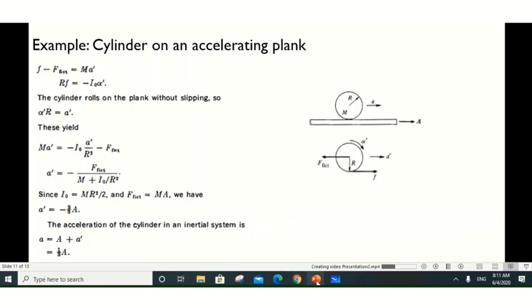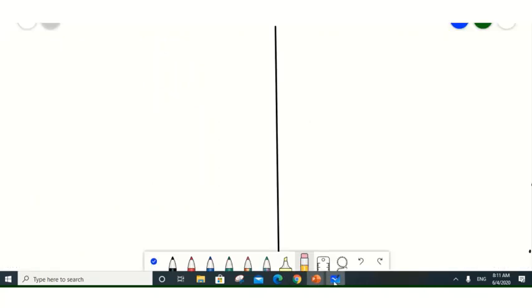So we have an equation like this: small a is equal to capital A, the acceleration of the plank, plus a dash, the acceleration of the cylinder with respect to the non-inertial frame.